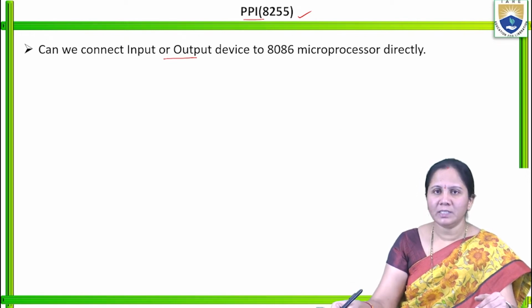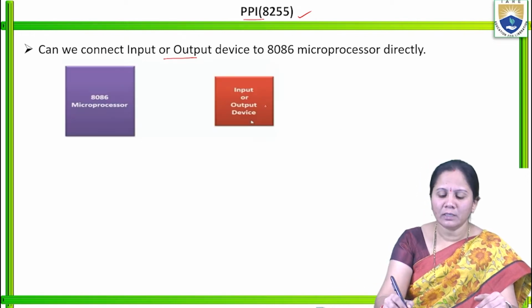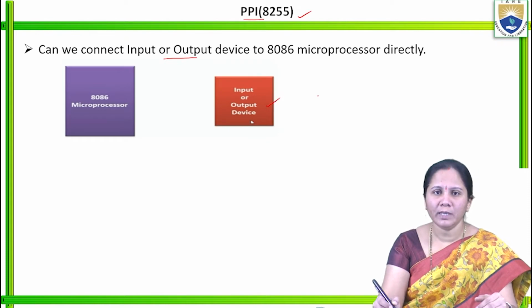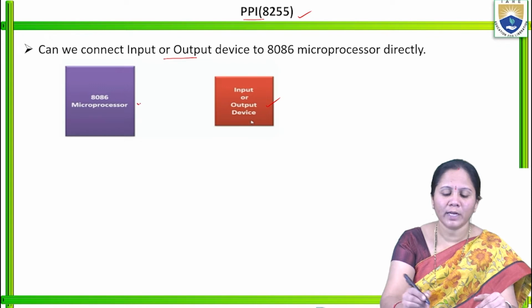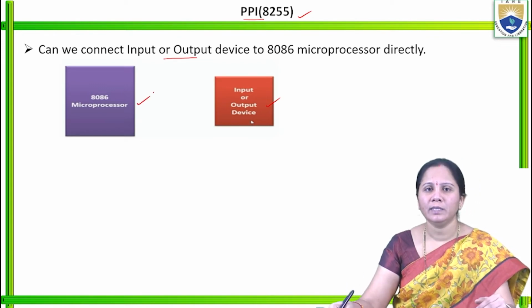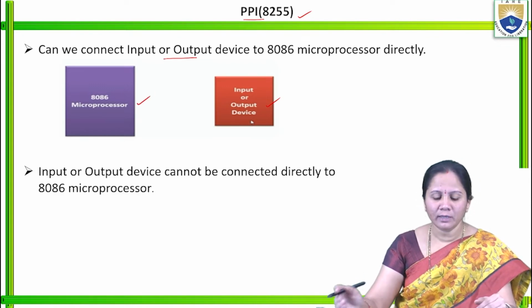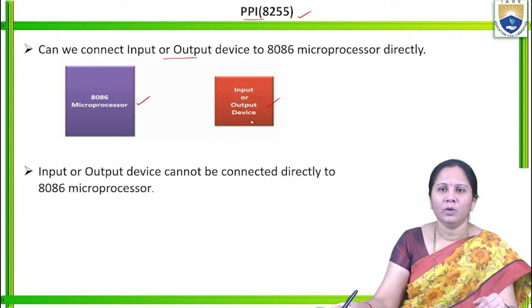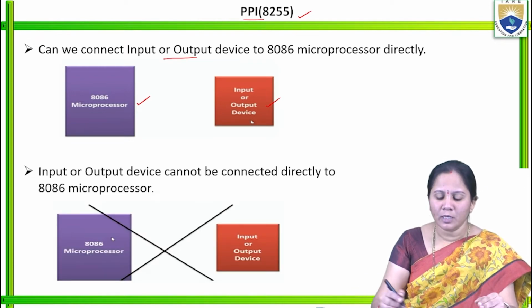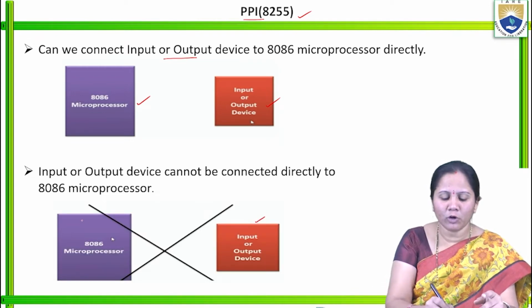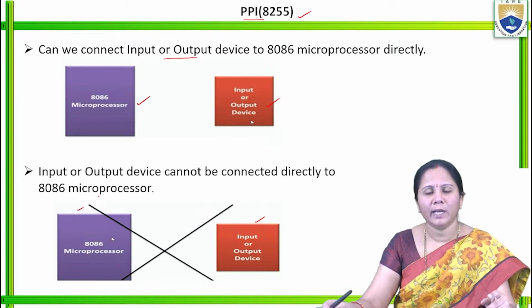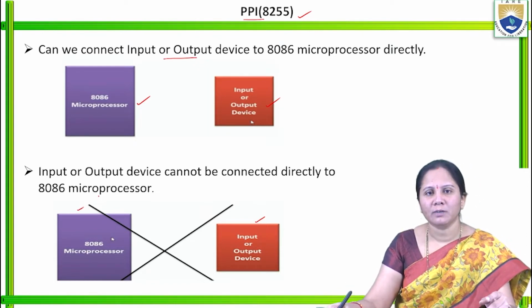The answer is no. The input or output device cannot be connected directly to the 8086 microprocessor because the 8086 microprocessor does not have ports.